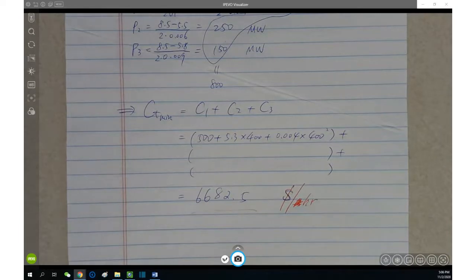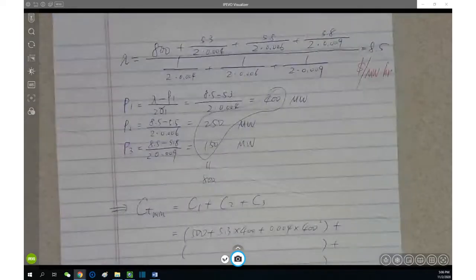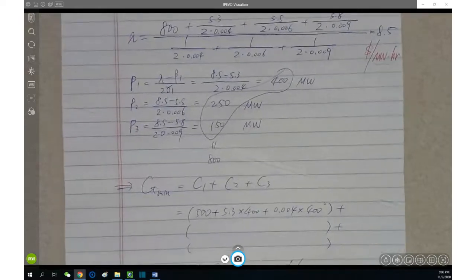Any questions? There are some details you need to be careful about. For example, the units. For example, how to correctly identify the betas and the gammas, right? The formulas are in terms of betas and gammas. You need to correctly identify them out of the given individual generator cost function model.